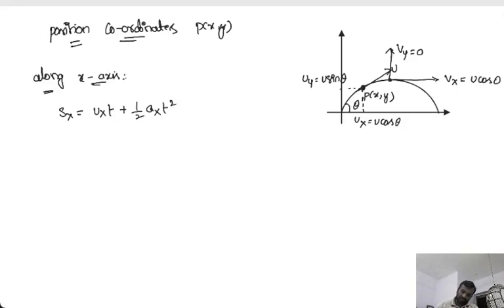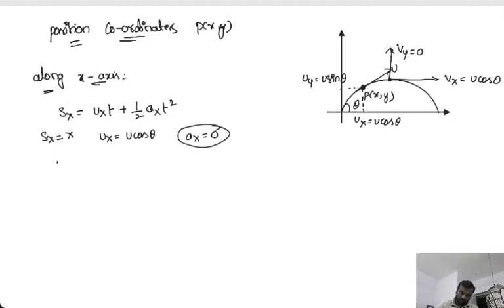We know that here Sx is the x coordinate. So Sx is equal to x, and ux is equal to, according to the diagram, u cos theta. How much is the ax value? 0, because no horizontal forces act in projectile motion. So now substitute these values in the equation.